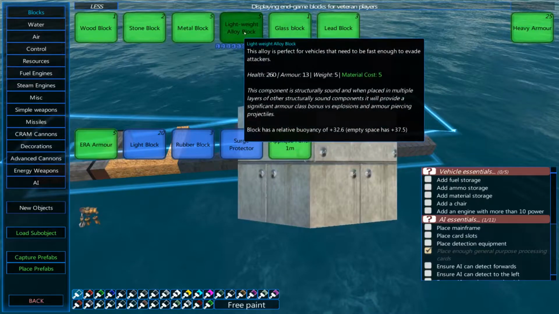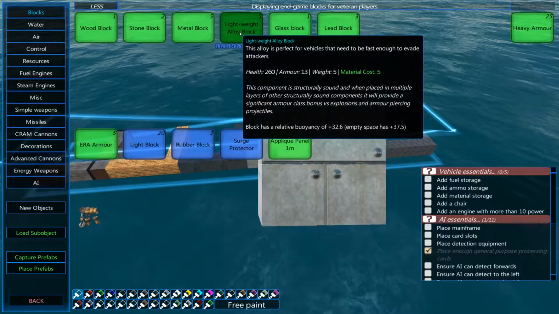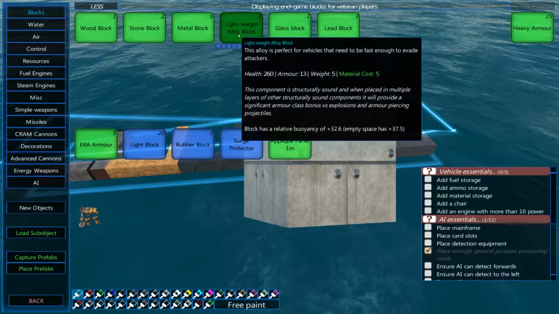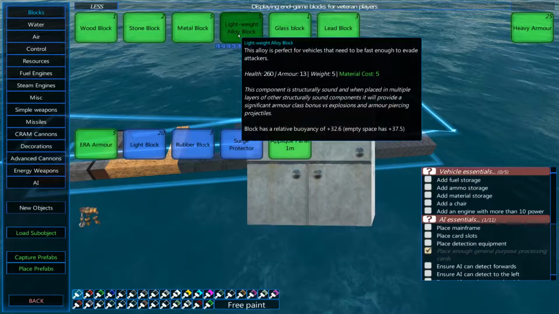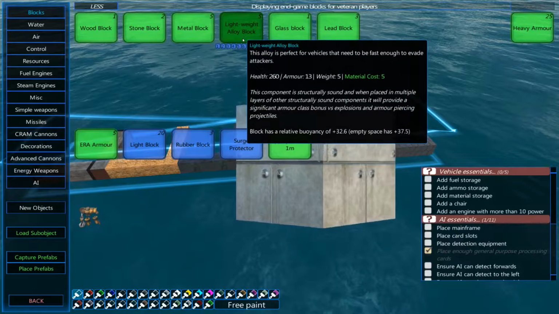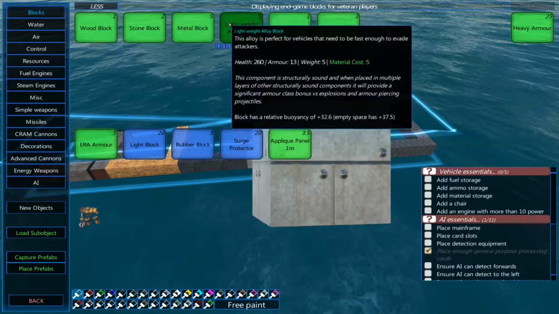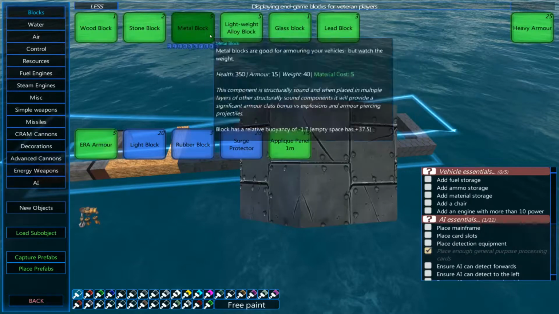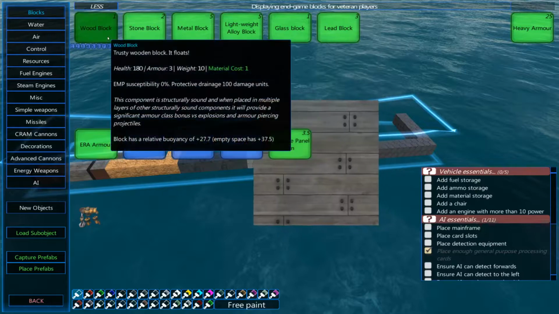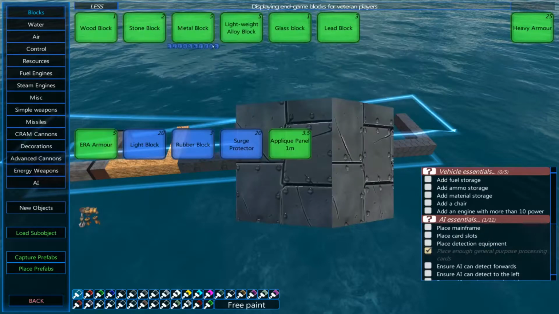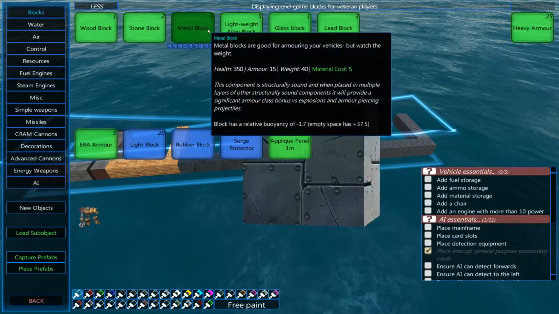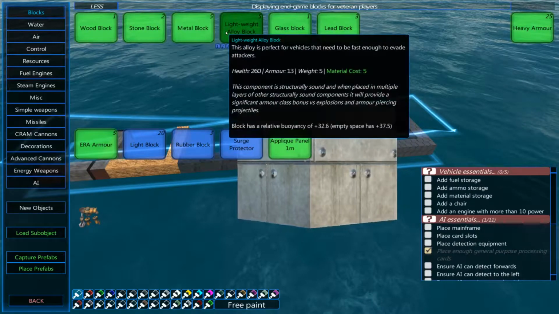Now, alloy. This is what I use for the majority of my vehicles. It's generally quite decent. It gives you more buoyancy than wood, though it's 5 times as expensive. It's 8 times lighter than metal, and actually 2 times lighter than wood. It has an armor value of 13 and a health value of 260.